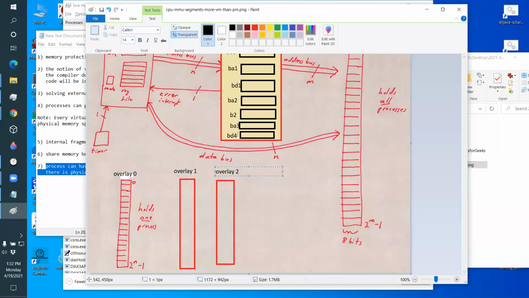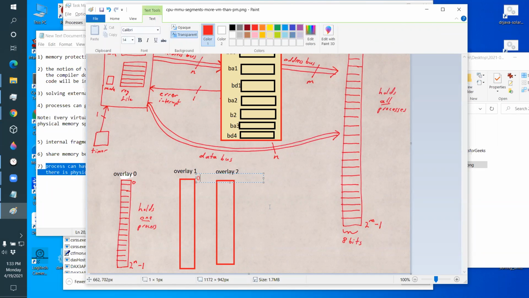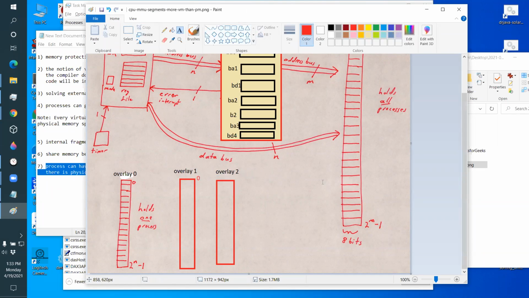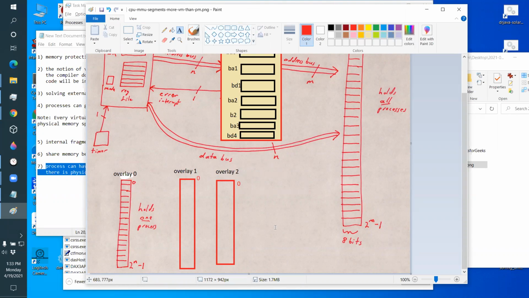Each of these has its own address 0. These are essentially virtual memory spaces with their own address 0.